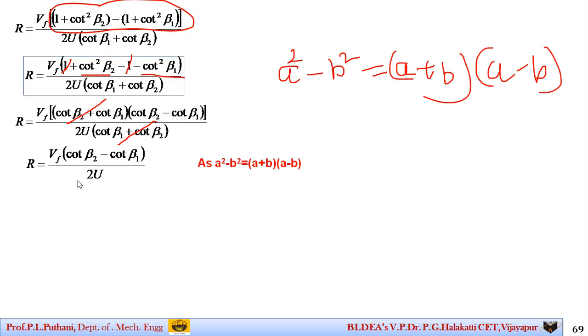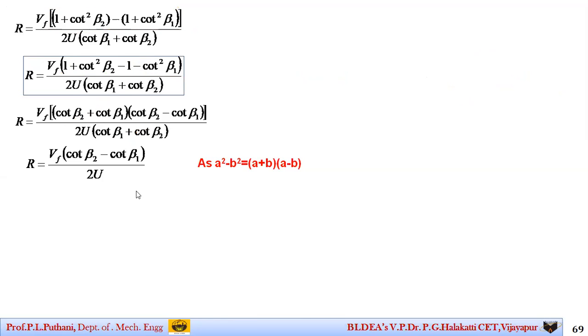Now the degree of reaction, as I have already told, for a reaction turbine has 50% reaction, which means the value of R is equal to 50%, or 0.5, which I can write as 1 by 2.